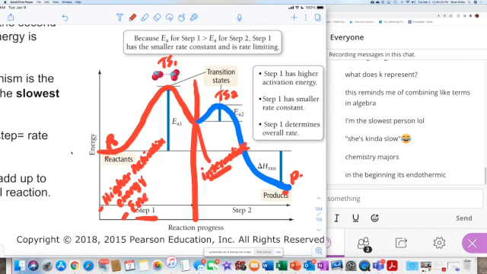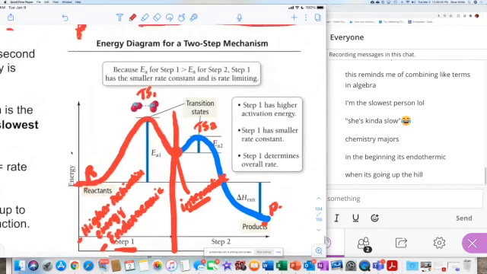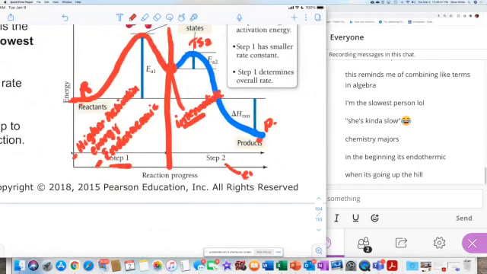Yes, this is endothermic because it ends up at a higher energy level than it started, right? So it's definitely endothermic. And it's going uphill. Very good. As it goes uphill, it's gaining energy, but it lands right here. This step here is higher than when it started. Now the second step, step two, this one here is exothermic because it ends up at a lower energy than where it started, right?